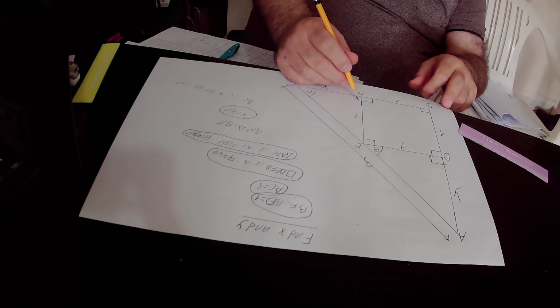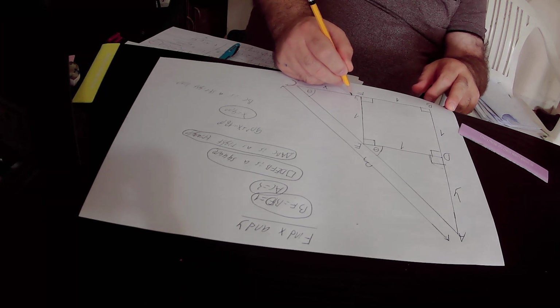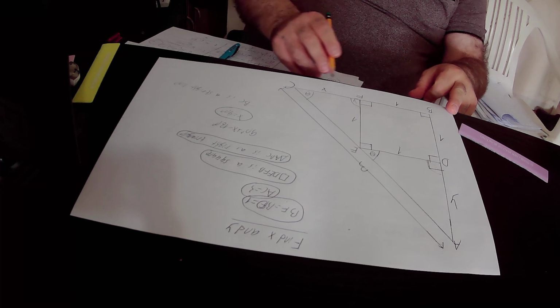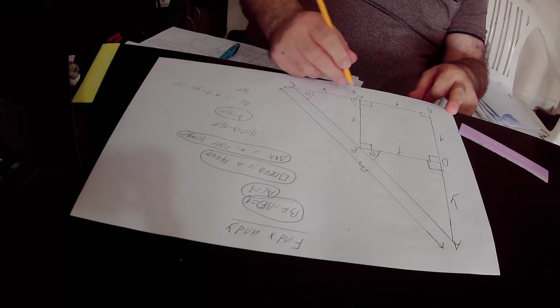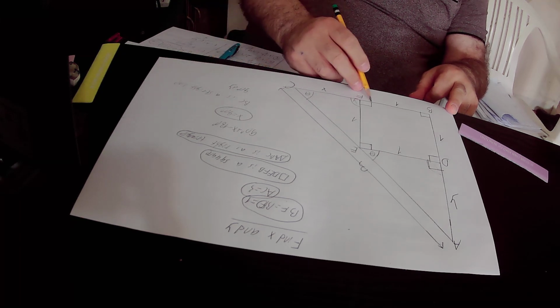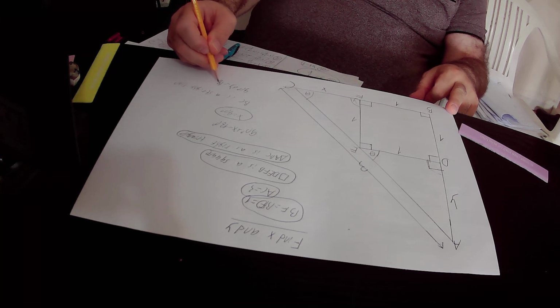So if we define angle FEC as Y, then which angles do we have at point F at the upper side of BC? We have here 90 degrees plus this angle, which is angle Y. The sum of those two angles must be equal to 180 degrees according to the rule that I mentioned.